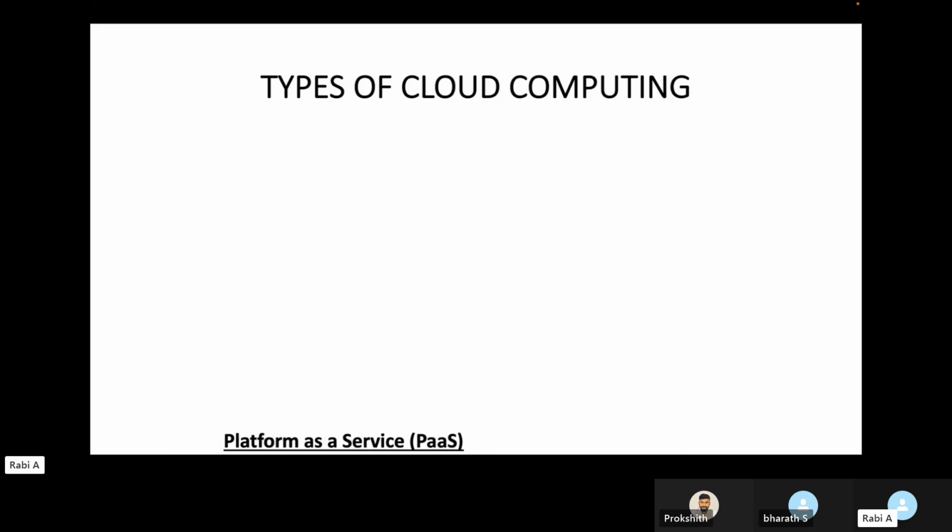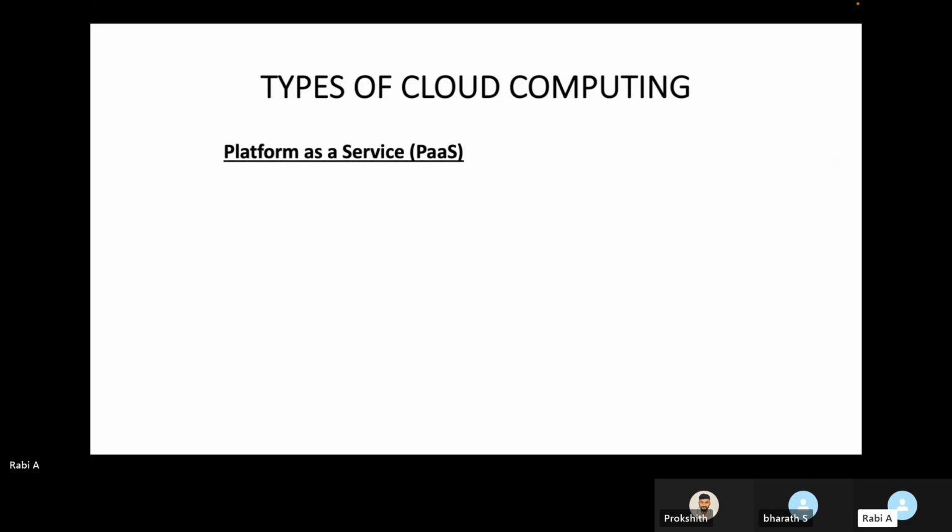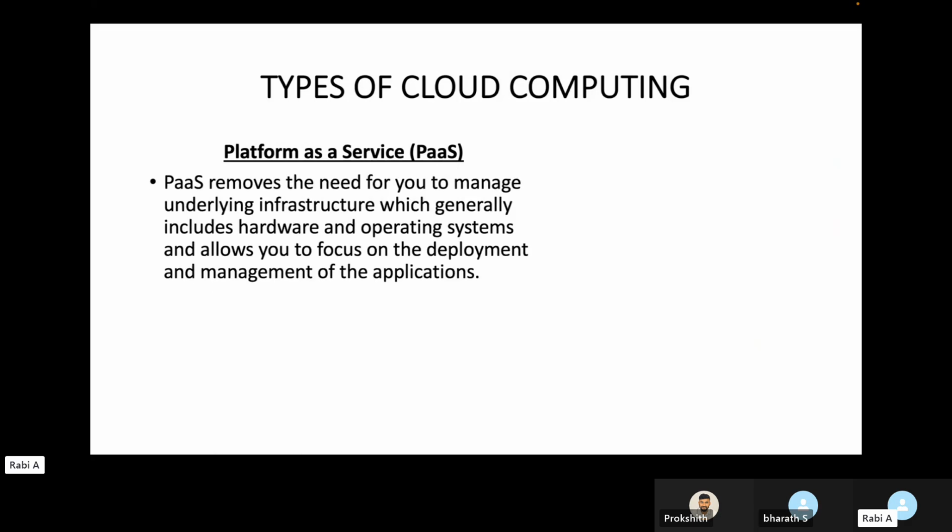Then we have platform as a service. Under platform as a service, you're only going to concentrate on developing and managing the application. Platform as a service, also called PaaS, removes the need for you to manage the underlying infrastructure, which generally includes your hardware and operating systems, and allows you to focus on the development and management of the applications.